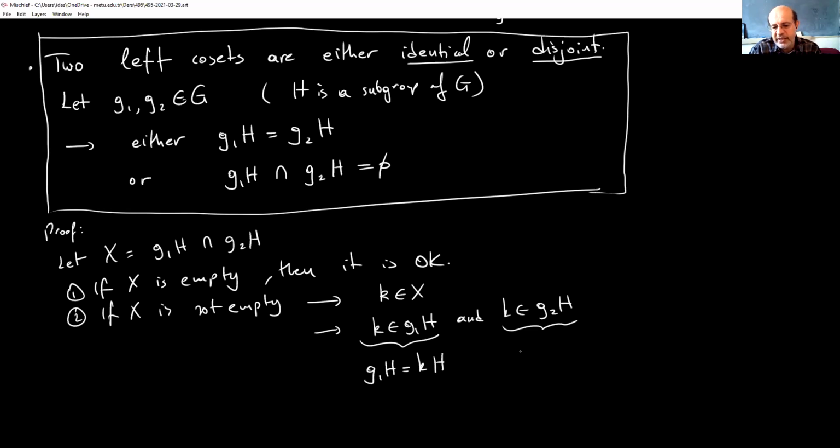And similarly in here, the coset is equal to, again, KH. So this then tells you that these two cosets have to be equal, right? If these two cosets intersect, then they have to be identical. They have to be the same set.